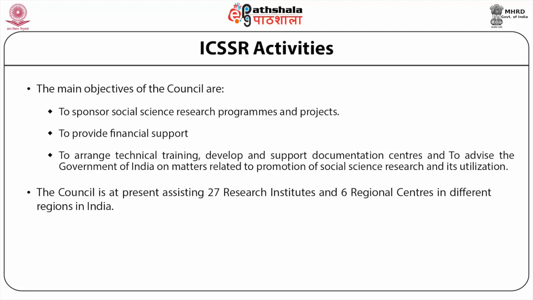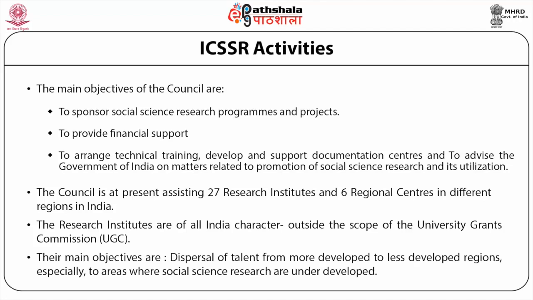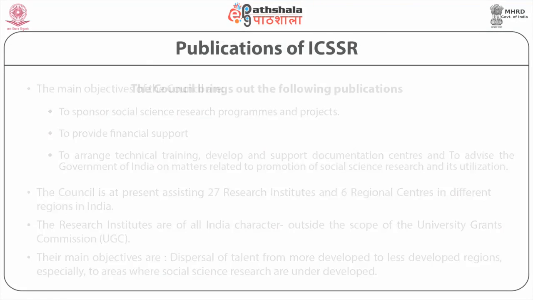The Council, that is ICSSR, is at present assisting 27 research institutes and 6 regional centers in different regions in India. The research institutes are of all India character. It is outside the scope of the University Grants Commission, UGC. Their main objective is dispersal of talent from more developed to less developed regions, especially to areas where social science research is underdeveloped.